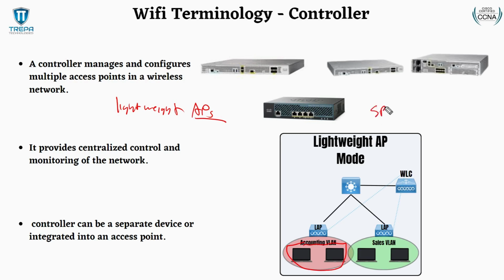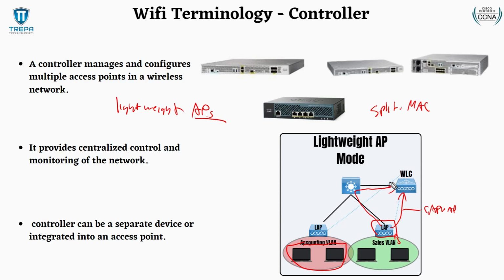Sometimes it's referred to as split MAC, because essentially this access point, instead of doing any switching of its own at layer 2, has its sole purpose as that RF emitter that connects to Wi-Fi enabled devices and then sends all traffic, and I mean all traffic, back to the wireless LAN controller over something called a CAPWAP tunnel that gets built from the AP through our distributed network or system back to the wireless LAN controller.